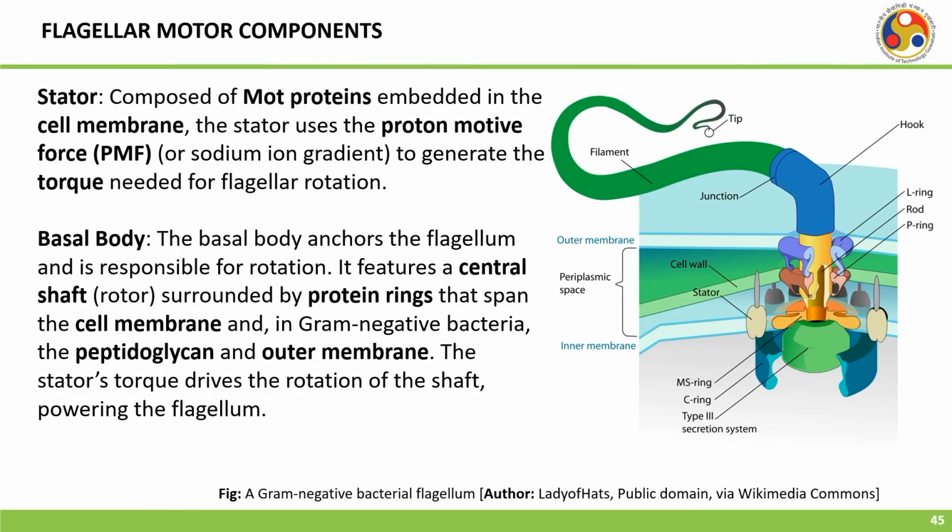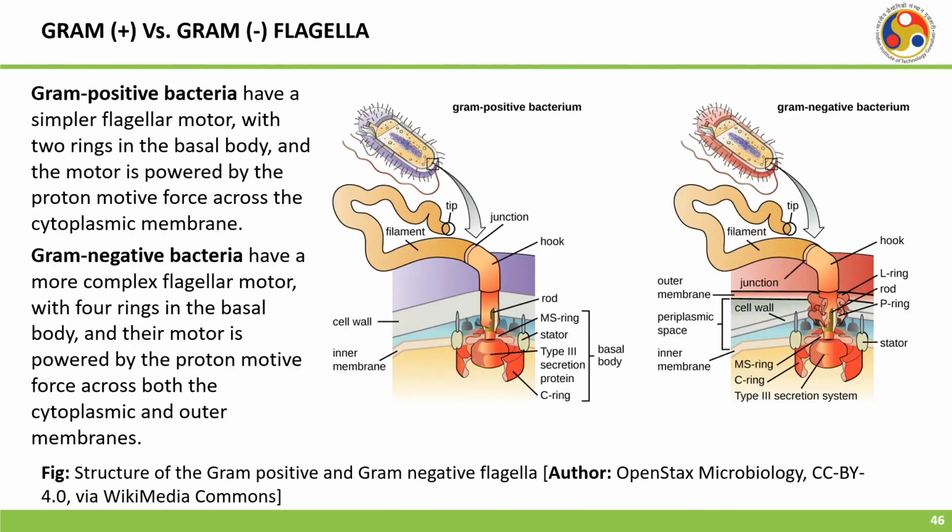The basal body anchors the flagellum and is responsible for rotation. It features a central shaft or rotor surrounded by protein rings that span the cell membrane. In gram-negative bacteria, through the peptidoglycan and outer membrane, the stator stalk drives the rotation of the shaft, powering the flagellum.